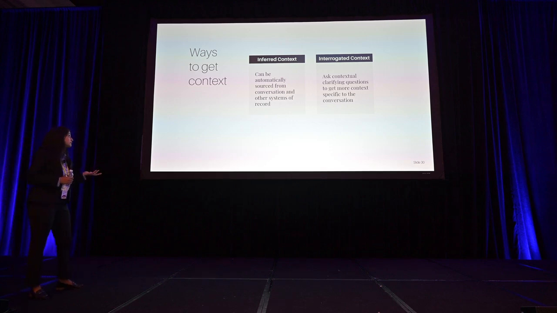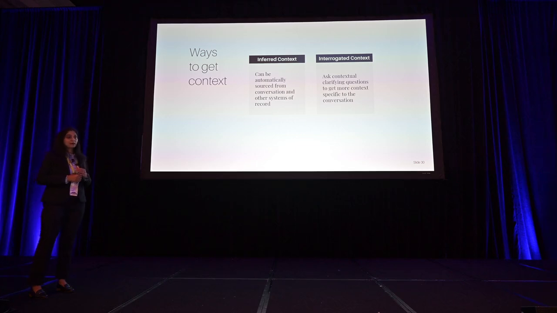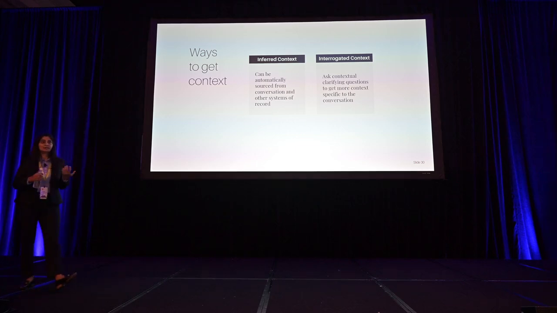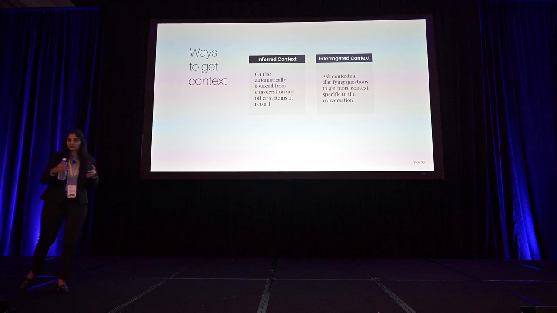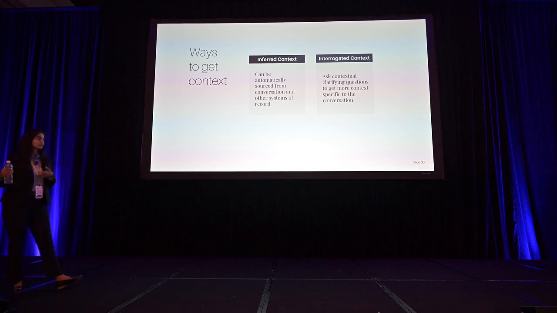The next is interrogative context. For example, you are asking a question, and the question being asked is very generic. Let's say, how do I get my check? You could clarify that by asking, are you talking about your paycheck? Are you talking about your 401k? Are you talking about your stock sale, for example? The clarification question is also required at times, even with the AI, because sometimes AI cannot figure out what exactly you are asking.